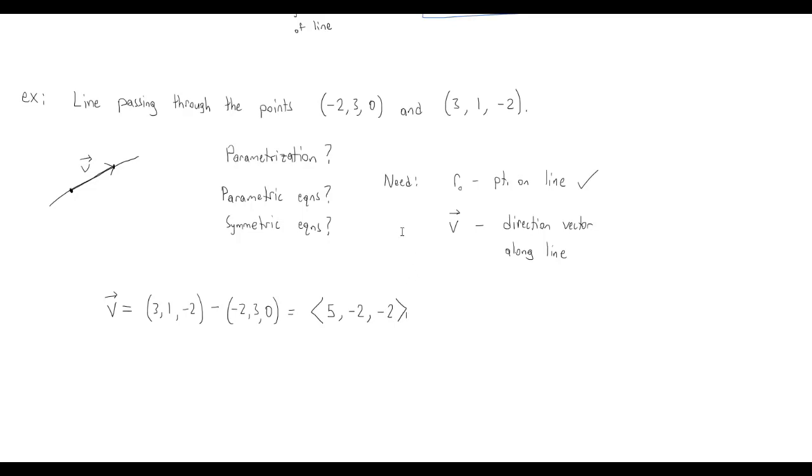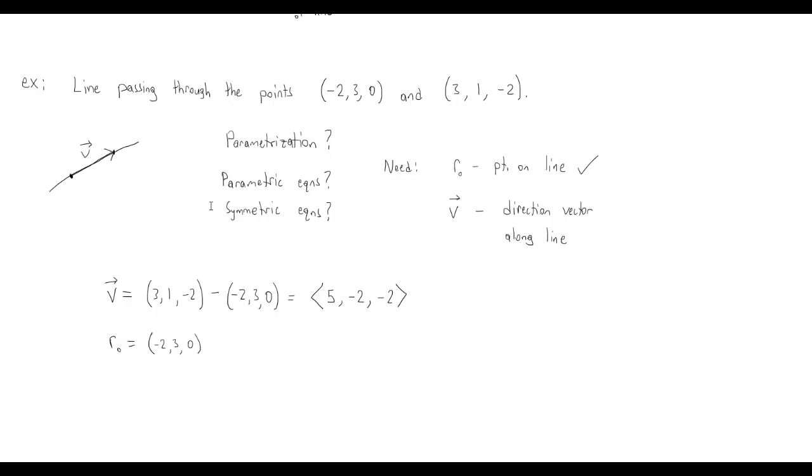Alright. So we have a direction vector now. For the point, we have 2 points given to us. We can use either of them. Let's just use the first one, negative 2, 3, 0. Okay? So with these 2 pieces of information, we can now write out the parameterization, the parametric equations, and the symmetric equations of this line. So we'll start with the parameterization.